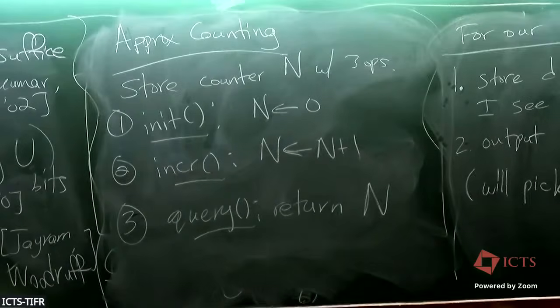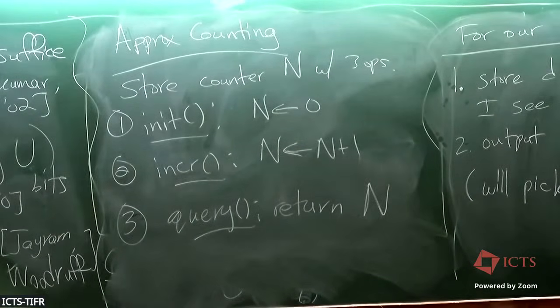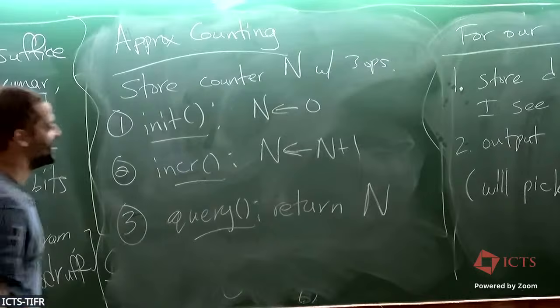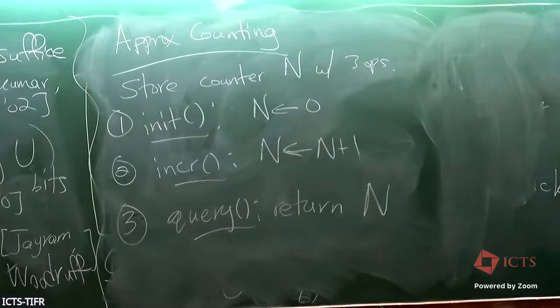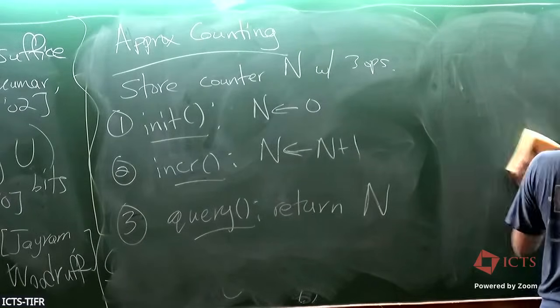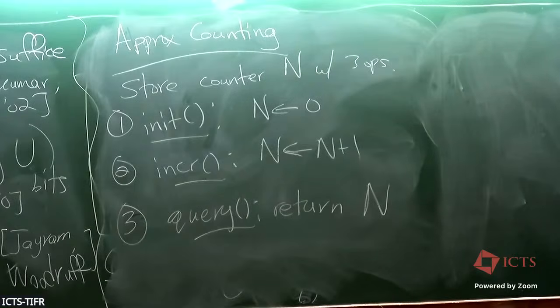Okay, so this is a data structure that 1-year-olds implement, or they learn how to implement. Who would have thought that the algorithm you learned when you were a year old is not the optimal algorithm?